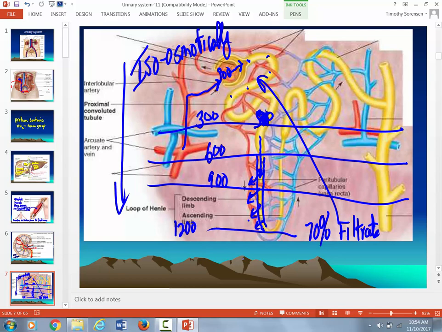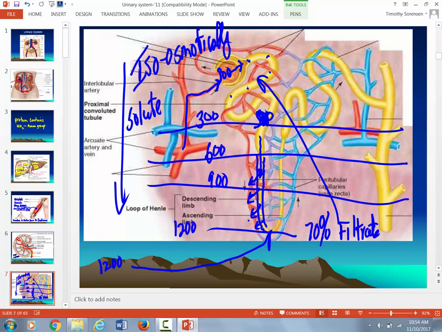So what's the osmolarity of the filtrate at the bottom of the loop of Henle? It's 1200, right? Because the water kept being reabsorbed. And if you remember, here's an equation.